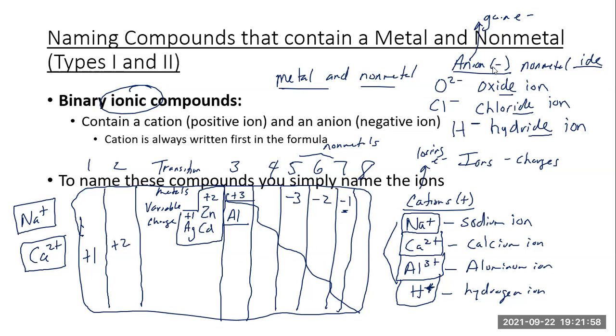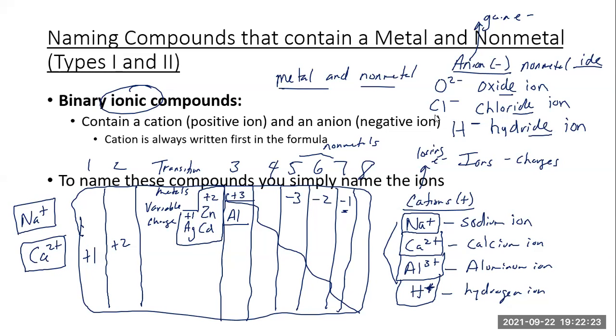Anions, which are our negatively charged guys, are different. They take the front part of the name of the nonmetal, and we replace the last part of the nonmetal name with -ide. So oxygen, which is group 6, is a -2. We drop most of the name, put -ide at the end of it, and it is known as the oxide ion.